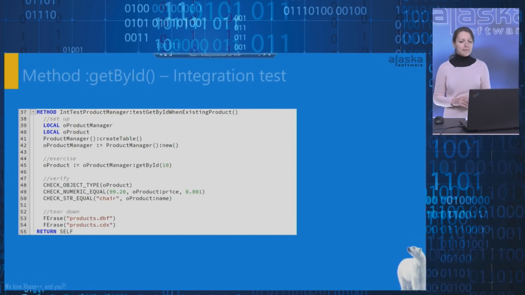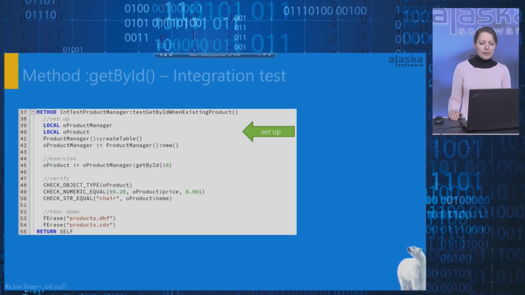This is my integration test for the method getById. And here I would like to test the scenario when the input parameter is an ID of an existing product. So in the phase setup, this is our first phase in the test, I create the test environment for this test.